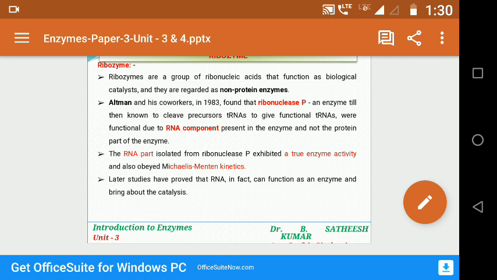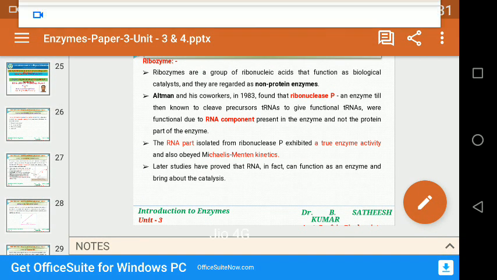So when we talk about the structure of an enzyme, we cannot strictly say that an enzyme is a protein, because the ribozyme is the exception. Except ribozyme, all enzymes are proteins. Okay, so this is about the fourth unit, and thank you.